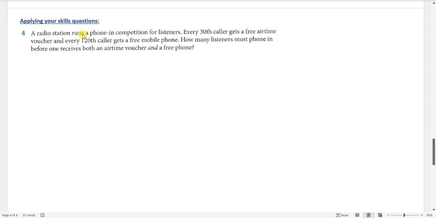A radio station runs a phone in competition for listeners. Okay, every 30th caller gets a free airtime. So we write the information first. Solution. So every 30th caller gets a free airtime voucher.